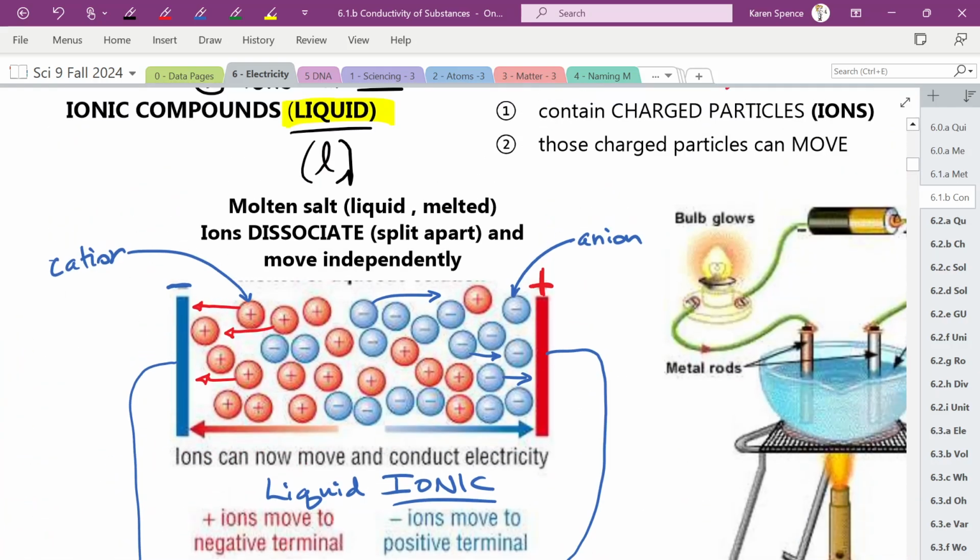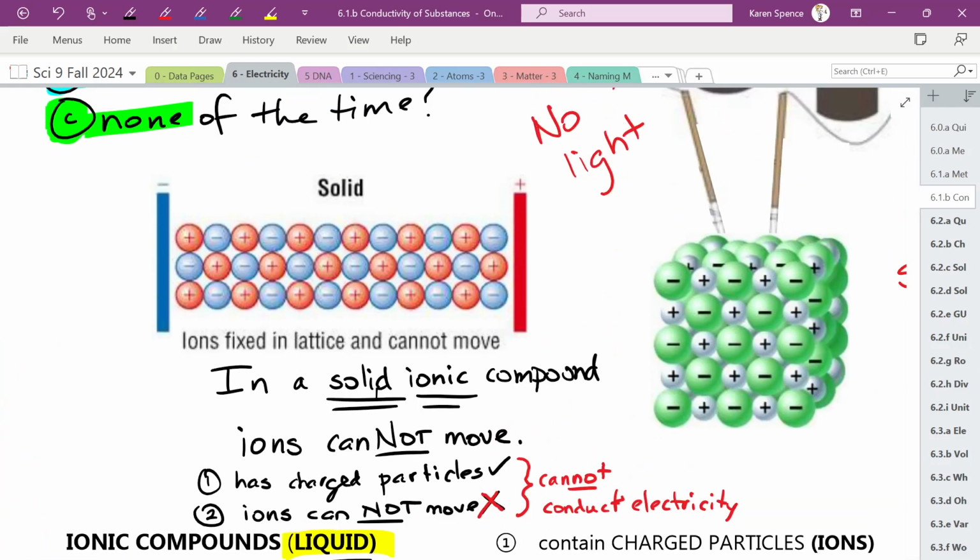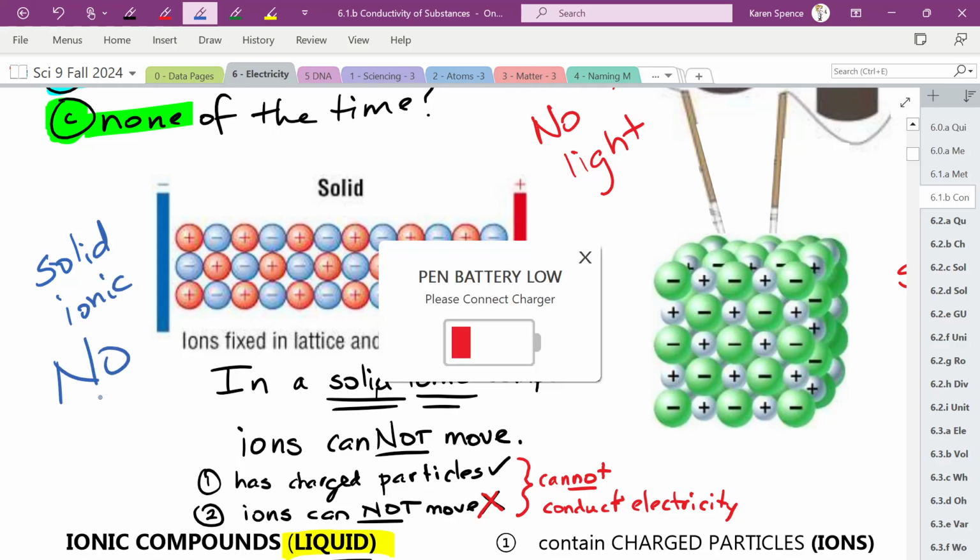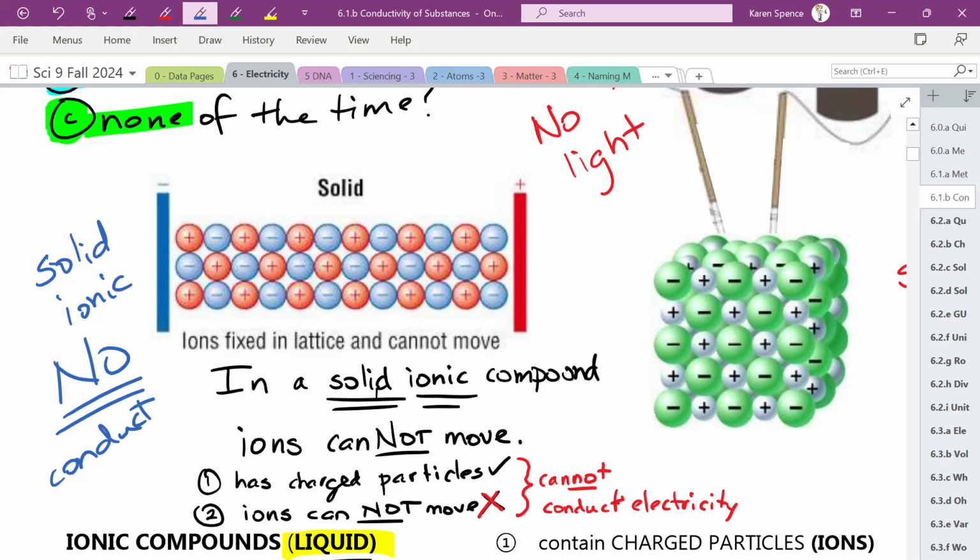Solid ionic, can solid ionic conduct electricity? I don't know. Think about that. Can solid ionic conduct electricity? Oh, no. I'm not going to get fancy. I'm just going to say no conduct.